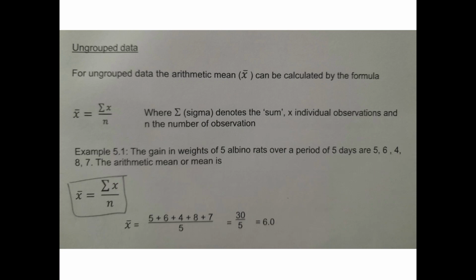Here n is 5, as there are 5 observations. So 30 by 5 is equal to 6. So the arithmetic mean of the ungrouped data, the answer to this particular question, is 6.